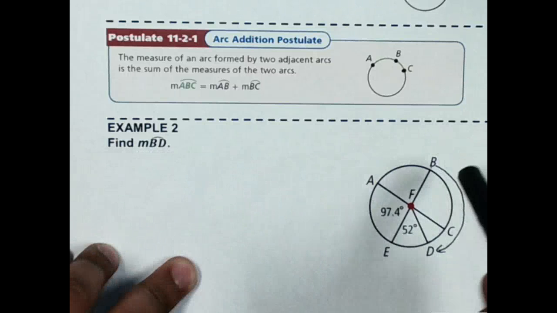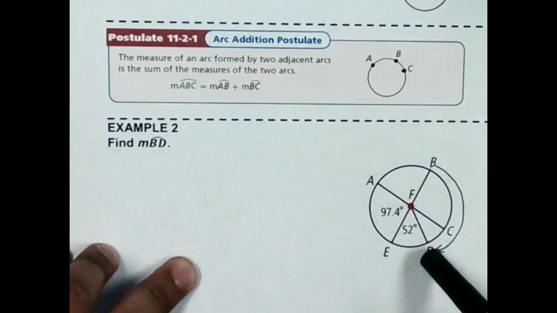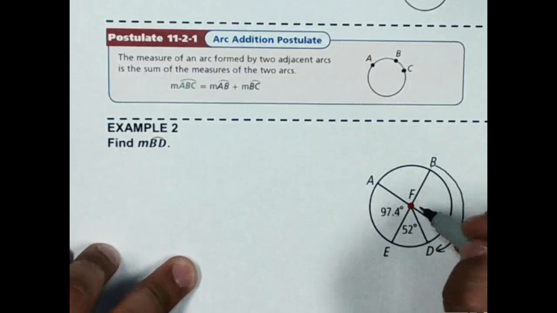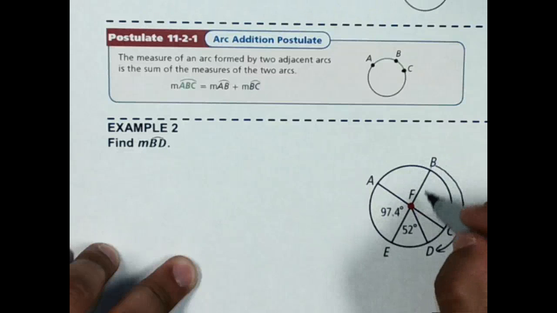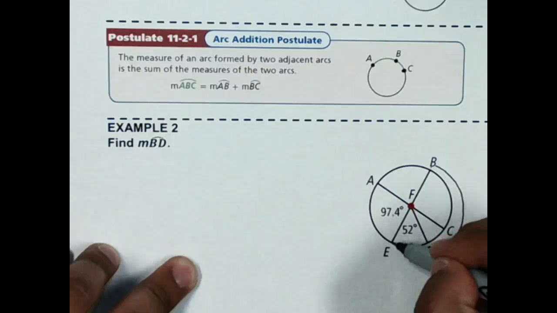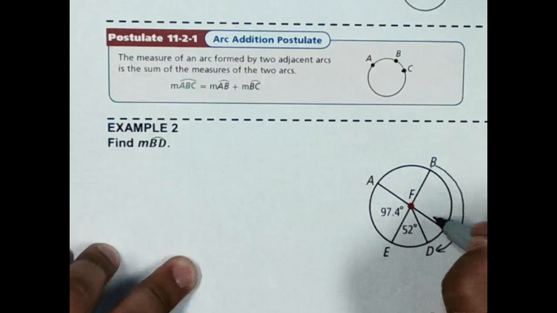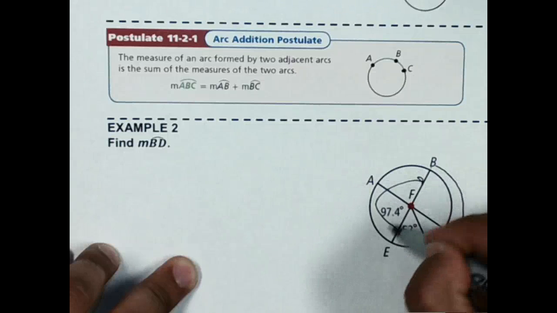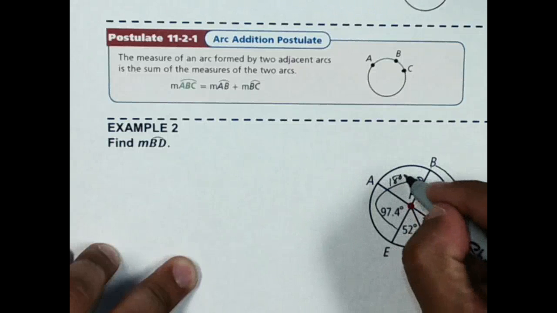It's only got 2 points, so I have to go the shortest distance from B to D. We're going to have to do a little bit of manipulating. This right here is a diameter. BE is a diameter. AC is a diameter. Notice that going this direction, that's a semicircle, so that would be 180 degrees.